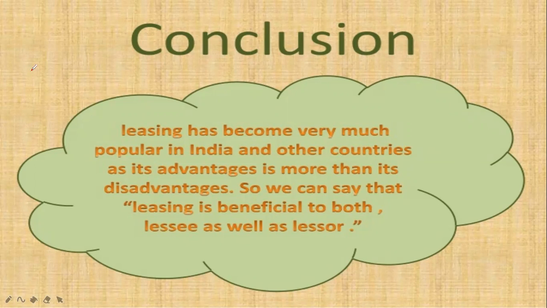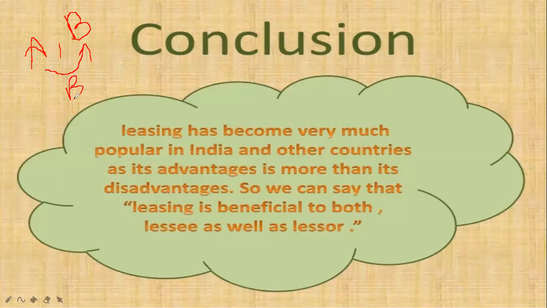If there are two persons, A and B, it might be that B is not able to purchase an asset because he has less money, and A is financially stronger. So A can purchase the asset and let B use it, and A will get money out of it. So this was the basic concept of lease.